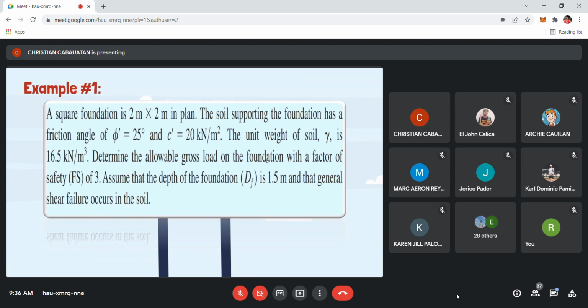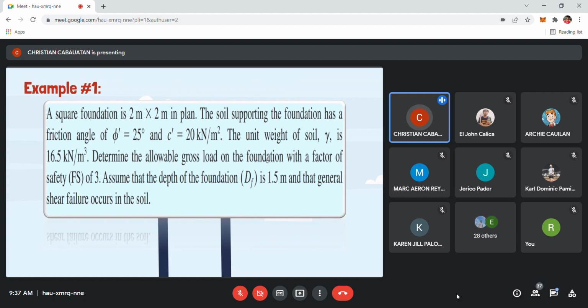Okay. So, it might be thinking for you na paano natin gagamitin yung formula? Ano yung gagamitin natin formula? Kapag ganito, it would be a general shear failure or a local shear failure. Kailan natin gagamitin yung local shear failure, sir? Kailan natin gagamitin yung general shear failure, sir? So, mostly in the problems, they are specified to use a specific shear failure.